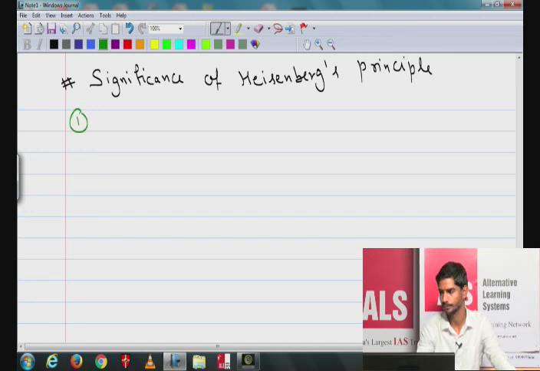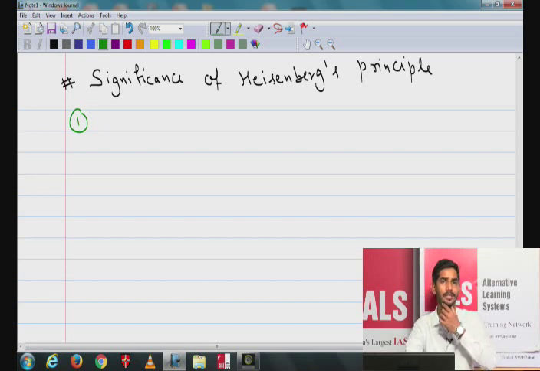First, as this concept denies that you can measure the exact position and momentum of the moving electron, it means the concept that we were discussing till now, the concept of orbit, was insignificant over there.